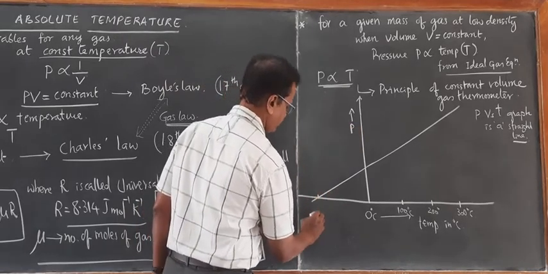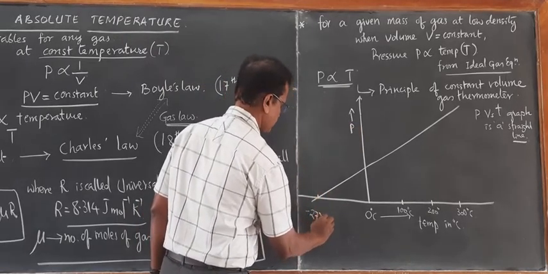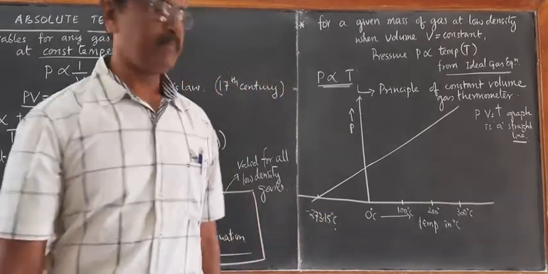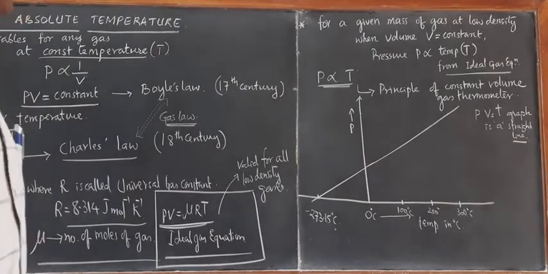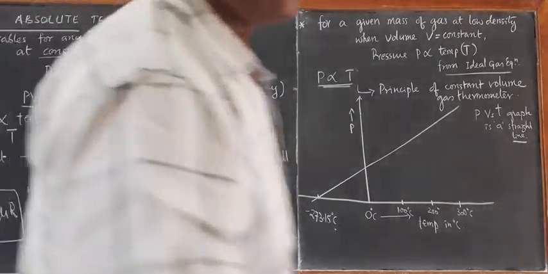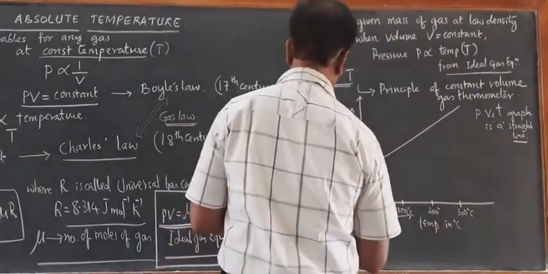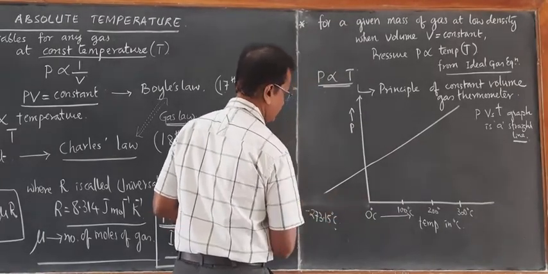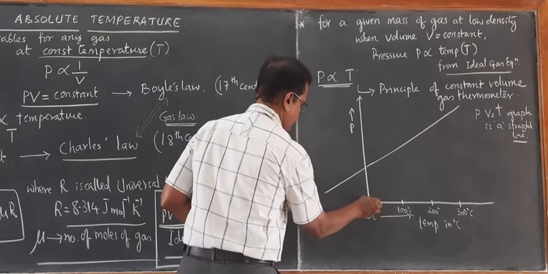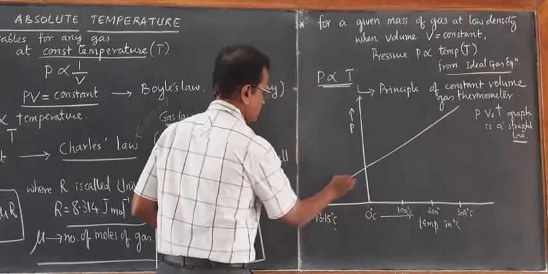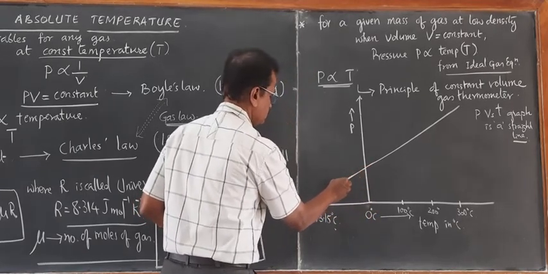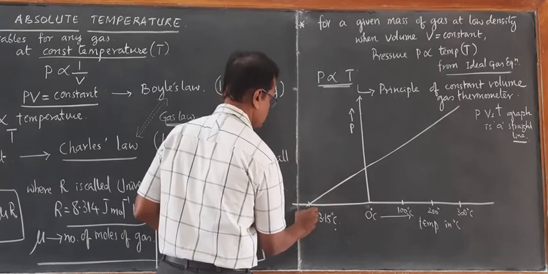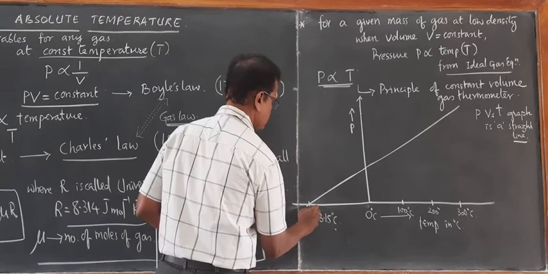This is found to be minus 273.15 degrees Celsius. So at minus 273.15 degrees Celsius, the pressure of the gas is reduced to 0. That temperature at which the pressure of the gas is reduced to 0 is called absolute zero.